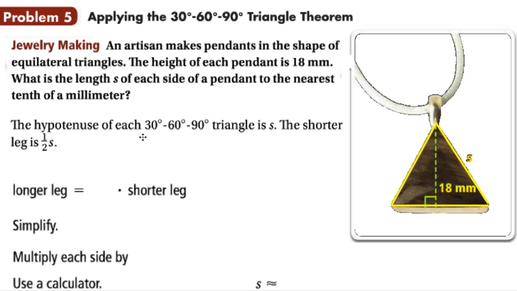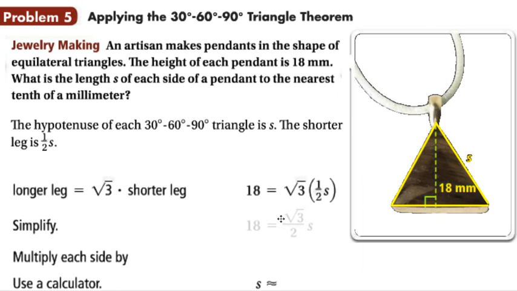Well, we know the hypotenuse is S, and the shorter leg then is half of that, or 1/2 S. So we can substitute in: the longer leg is equal to the square root of 3 times the shorter leg. And so the longer leg is 18, and that's equal to the square root of 3 times the shorter leg. The shorter leg is 1/2 S now. Instead of being S, it's half of S because this hypotenuse is twice as long as the shorter leg.